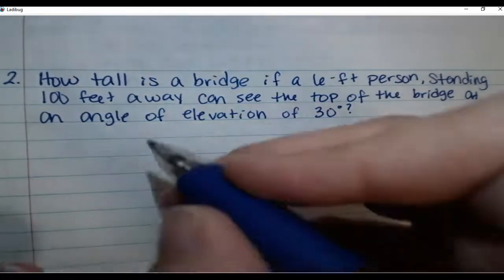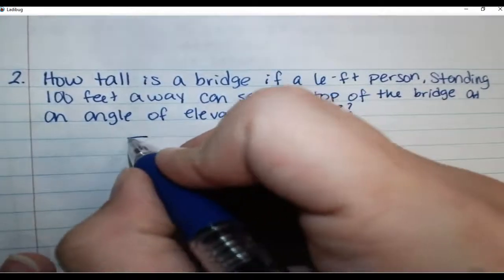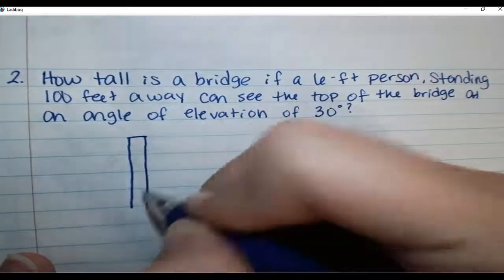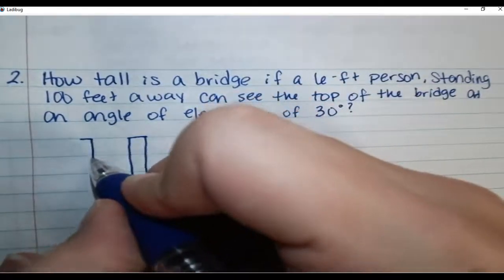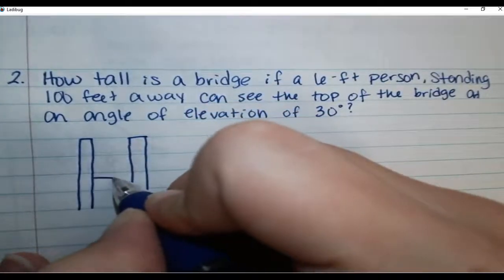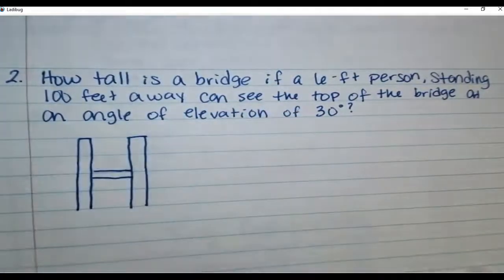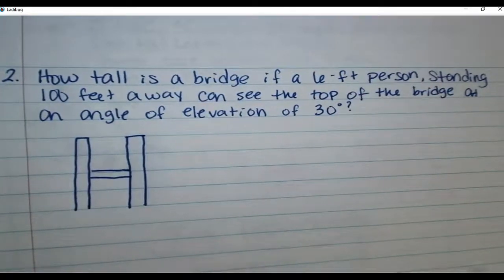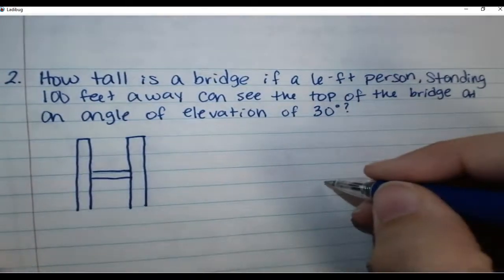So again, we want to draw a picture. So we have this bridge. I'm not the best at drawing bridges. It's fine. So we have a bridge, and we have this person over here.